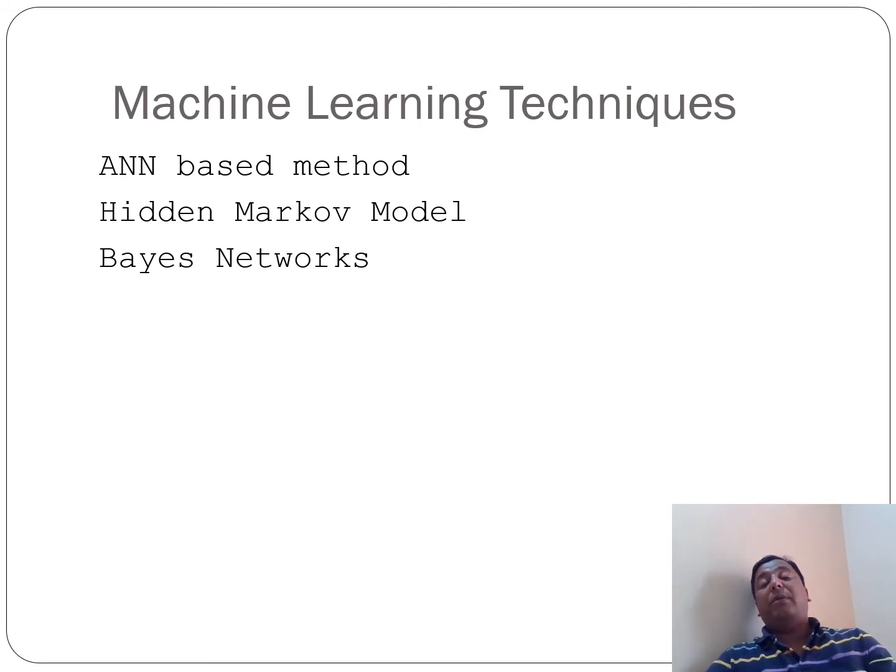Now, if we talk about machine learning techniques, how are they used to identify particular genes? ANN based methods, hidden Markov models, Bayes networks: these are the familiar methods to identify the genes, right? Out of which today we will be talking about ANN based methods. The entire ANN, artificial neural network, method is based on only three layers.